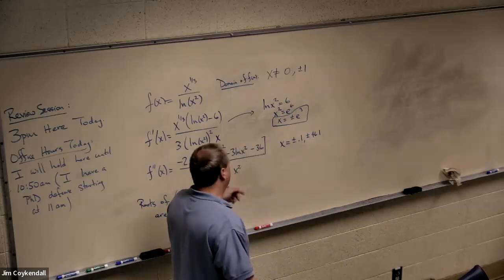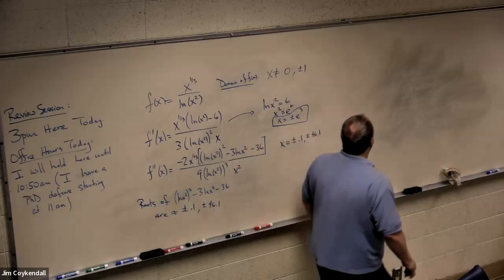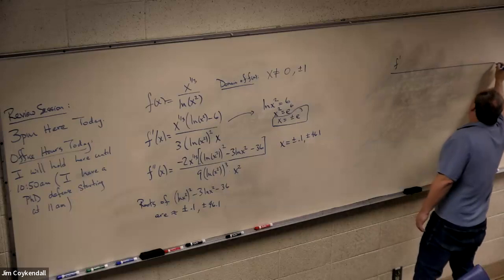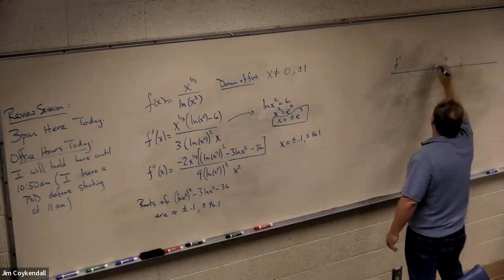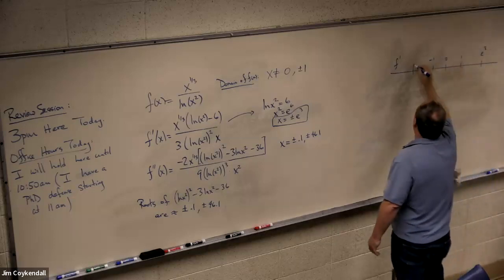And there's nothing new out of this either. So now I've got everything we need. So let's do an analysis of the first derivative. I'm going to have my 0, 1, minus 1, e cubed, minus e cubed.